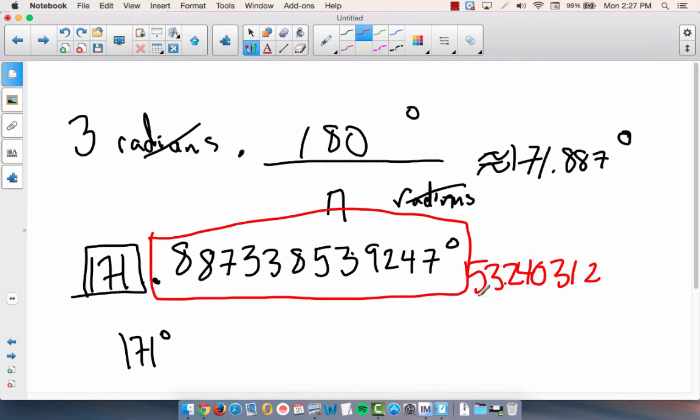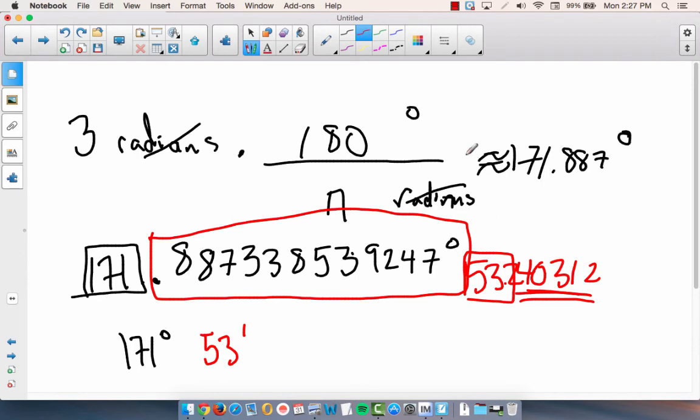That 53 is representing 53 minutes. And now this extra decimal is the fraction of a minute I have left. So I'm going to subtract 53, and I get left with 0.240312 and so on.